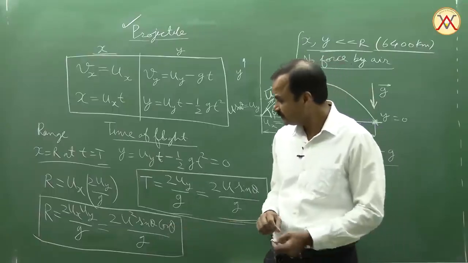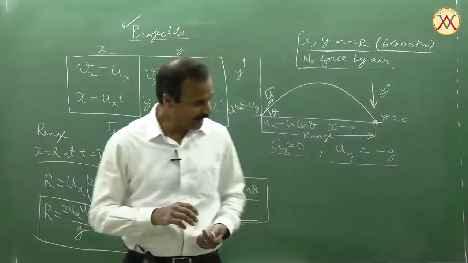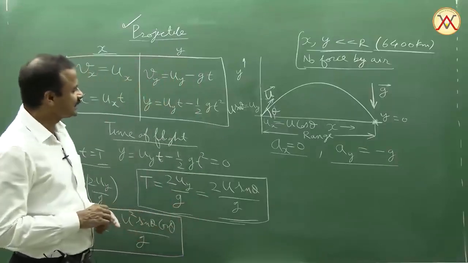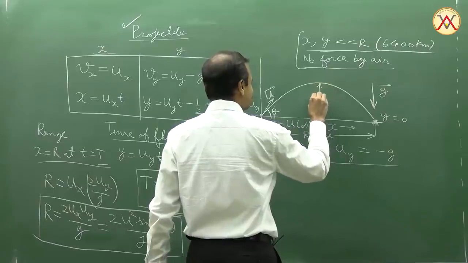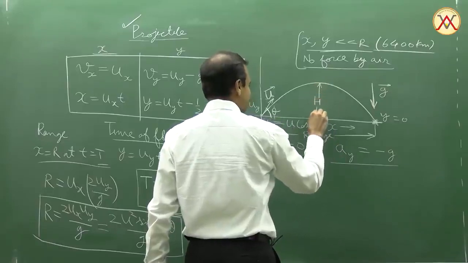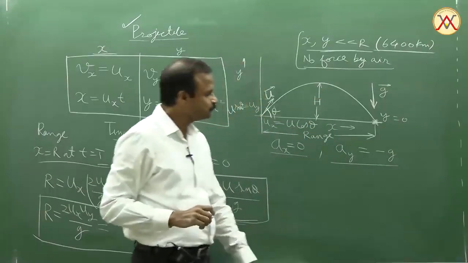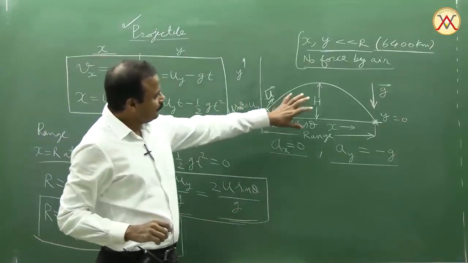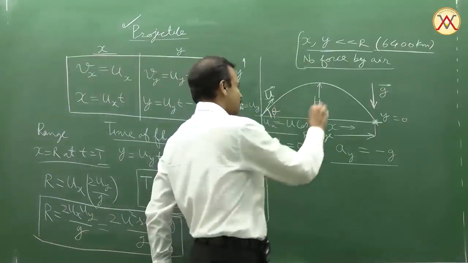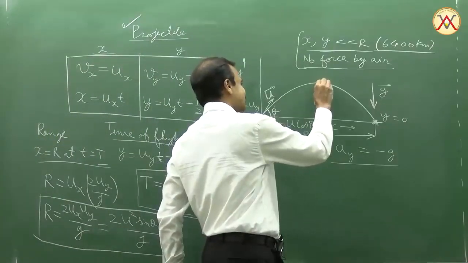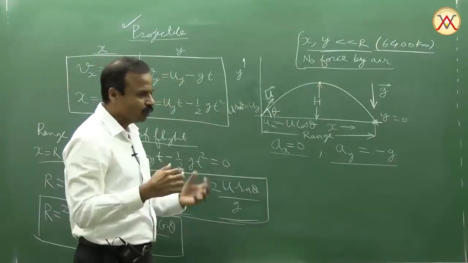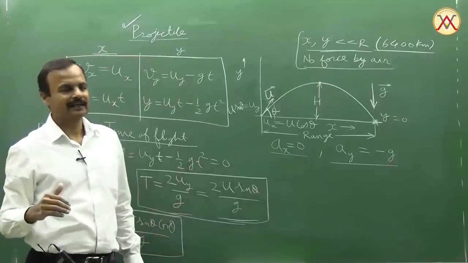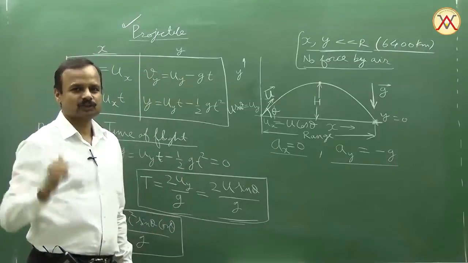All right, what else can be of interest here? You may be interested in finding the maximum height achieved by this projectile. Maximum height. Now, what is special at this point? How do we know that the projectile is at its highest point?